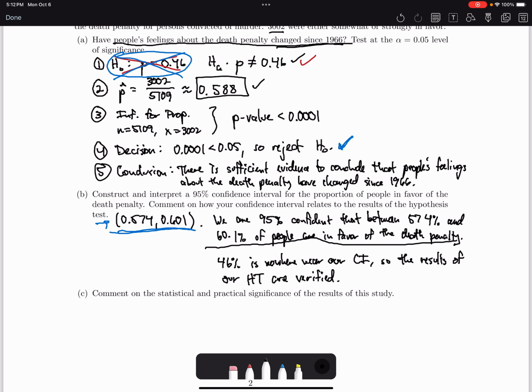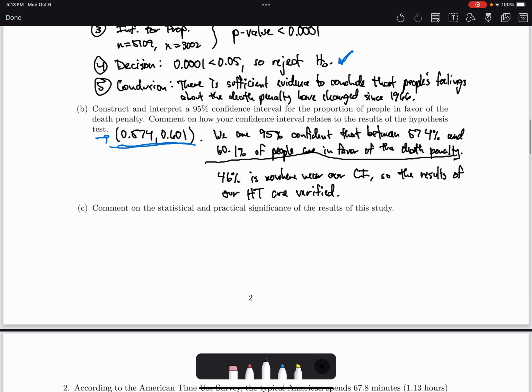Practical significance is a little bit more slippery, right? The idea behind practical significance is, okay, yeah, sure, there was an effect, but how big was the effect? In this case, I would say, just looking at our sample proportion compared to the null value, that's like a 12% increase, right? So I would say, yeah, that has huge practical significance.